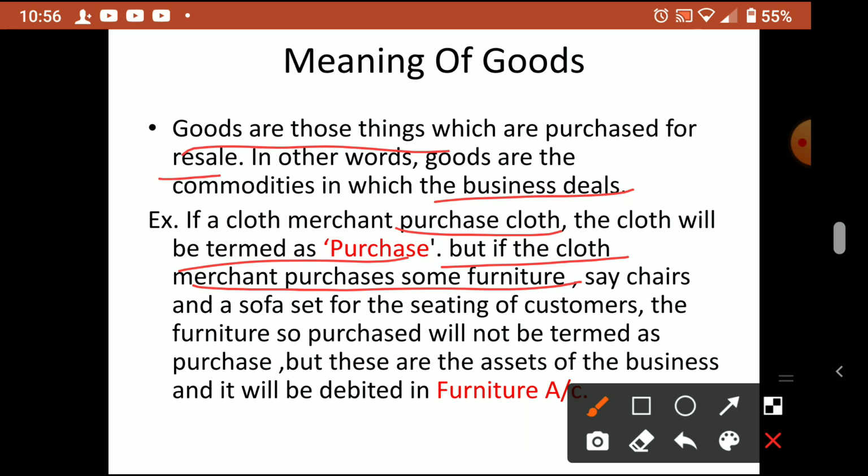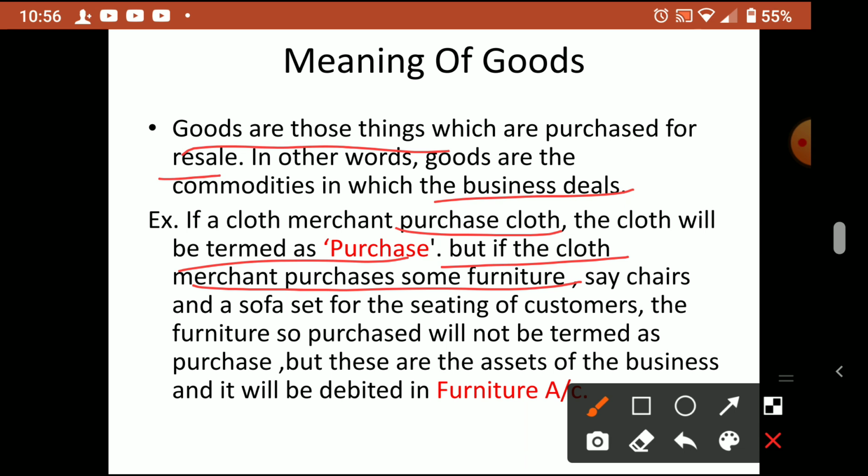Suppose a furniture showroom owner is purchasing furniture, that is purchase, because that is goods for him. Goods means the items which the business is dealing with. So if a furniture shop owner purchases furniture, that is goods for him, that is purchase for him. But if a cloth shop owner purchases furniture, that is an asset for him, not goods or purchase.